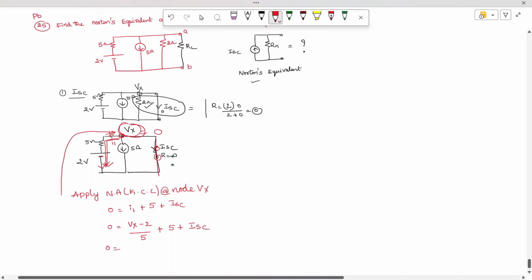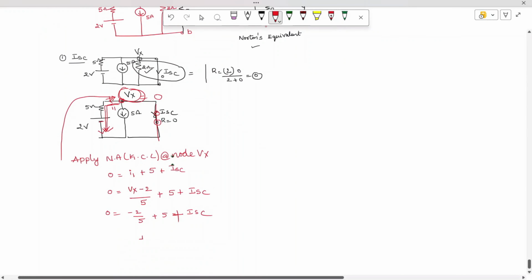So 0 is equal to (0 minus 2) by 5 plus 5 plus ISC. When you separate it, ISC is equal to 2 by 5 minus 5. So this will lead to an answer of minus 4.6 ampere of current.